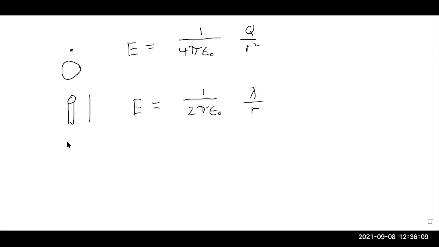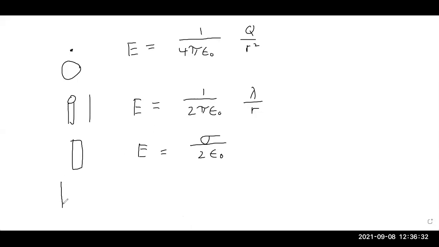And for just a thin sheet, where it can spread out in both directions, it is the area charge density over 2 epsilon naught.